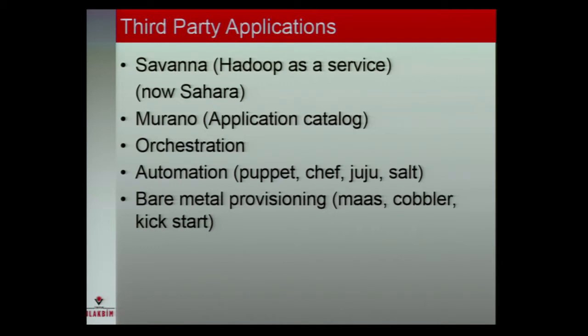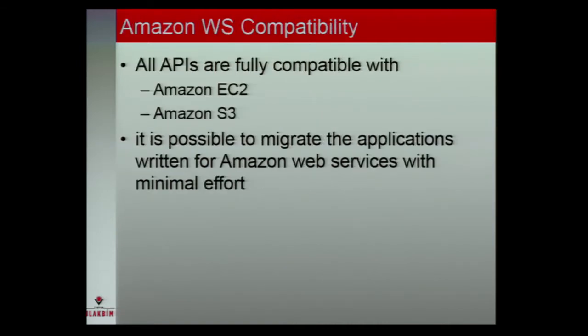And for bare metal provisioning, you can use MAAS, Cobbler, and Kickstart. And all OpenStack APIs are fully compatible with Amazon EC2 and S3. It's possible to migrate all the applications written for Amazon to OpenStack with minimal effort.